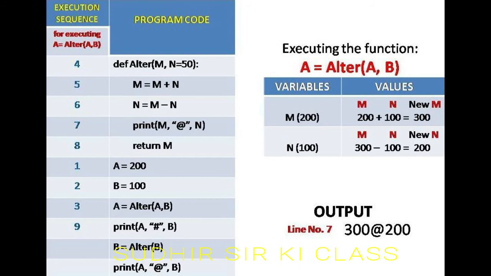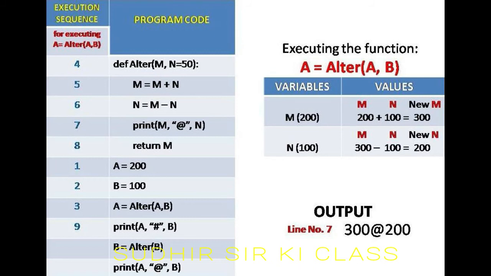Children, please be very attentive at this point. I am going to tell you a very important thing here. You have seen that at line number 1, the initial value of A was 200. But when we have passed this value as a function argument and this value has gone to M in the function definition, we have manipulated the value and the final updated value of M became 300.